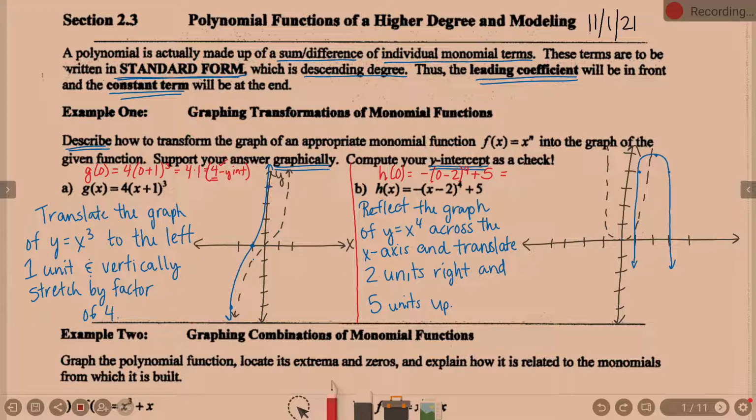What's 2 of any type raised to the 4th? 2 to the 4th is 16. A negative 2 to the 4th is still 16. But what's this negative say? We're going to make it negative again. So it's negative 16 plus 5, which is negative 11.